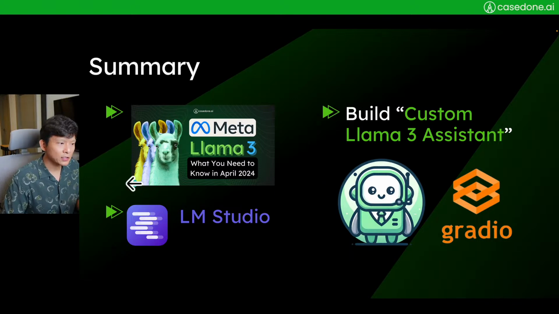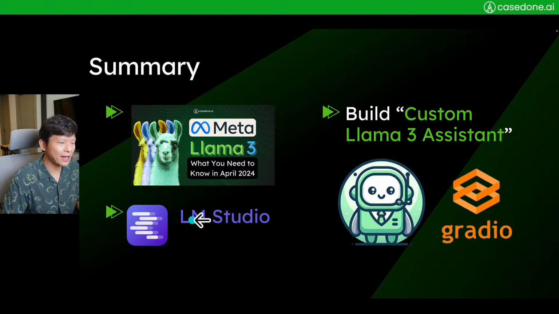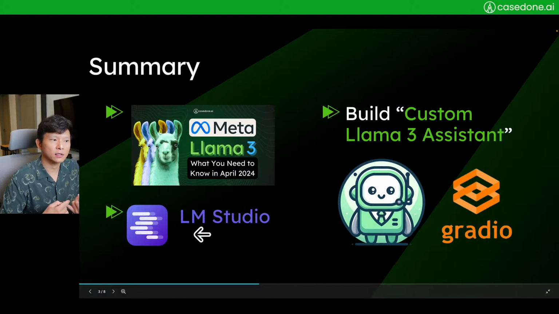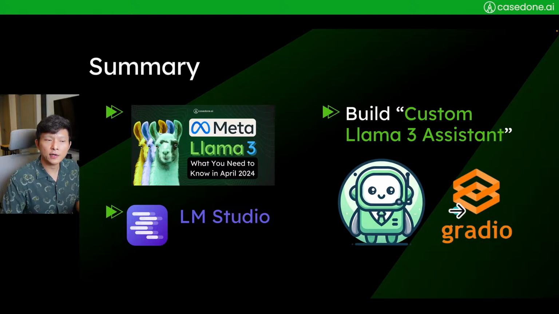Both of them are downloadable in LM Studio. So now you know how to set up LM Studio. You can chat with it. You don't need to go to ChatGPT anymore if it's only a text-based application, you can host your local API. And you have seen a way to build a custom Llama 3 assistant similar to ChatGPT's My Custom GPT.